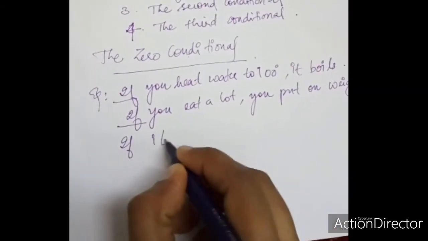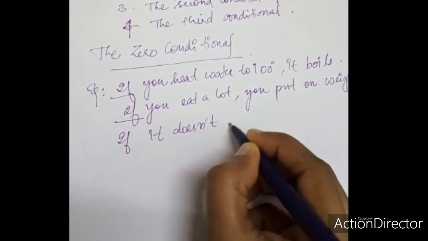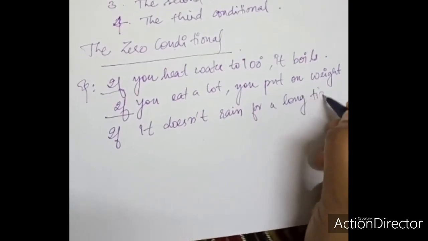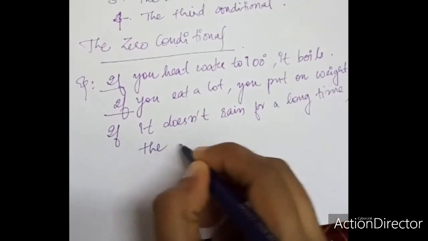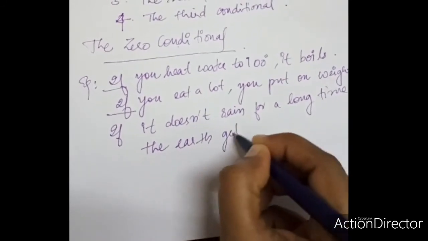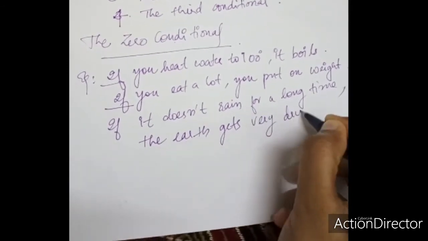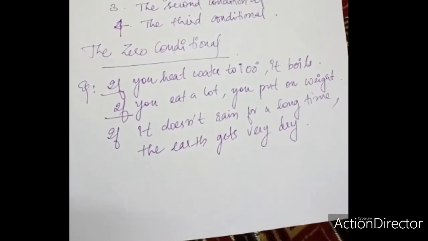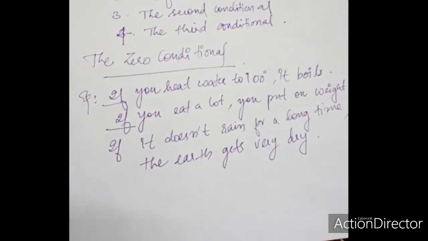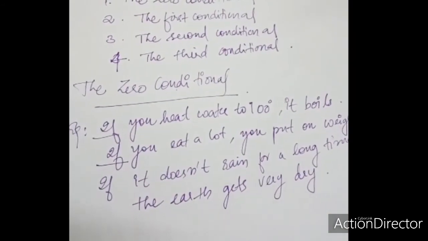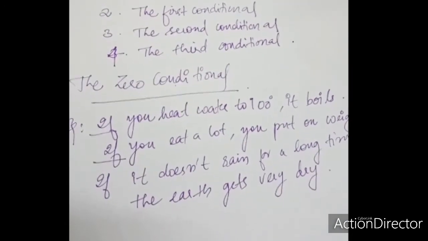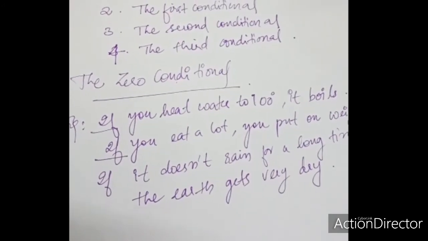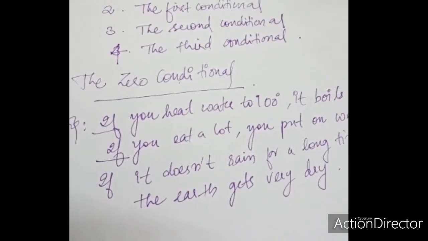If it doesn't rain for a long time, the earth gets very dry. So it's a permanent truth, right? If it doesn't rain for a long time, then the earth gets dry. So it's a permanent truth. So such permanent truths or scientific facts or general habits come under the zero conditional. Hope it's clear.